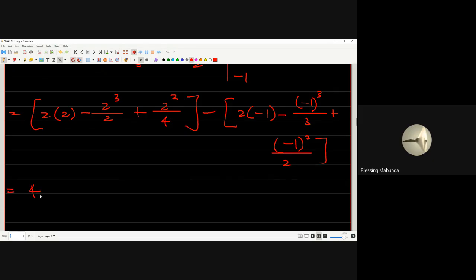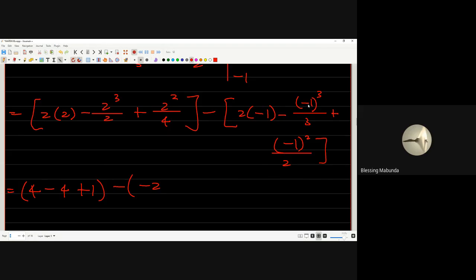And this is 4. And this is 8 here divided by 2, which is 4. And this is 1 here, 4 divided by 4, minus 2. This is going to be minus minus.